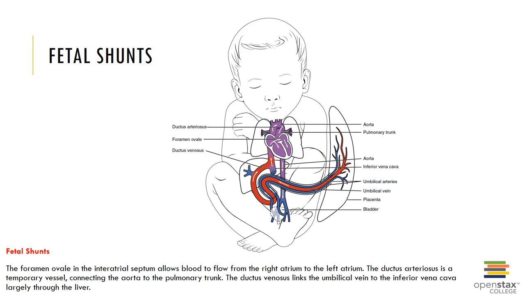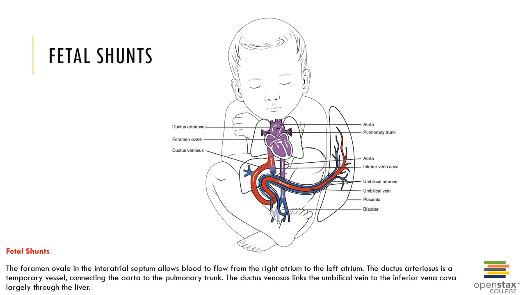The ductus arteriosus is a temporary vessel connecting the aorta to the pulmonary trunk. In case any blood does get into the right ventricle, this shunt can allow blood to go from the pulmonary trunk into the aorta, thereby again bypassing the fetal lungs.